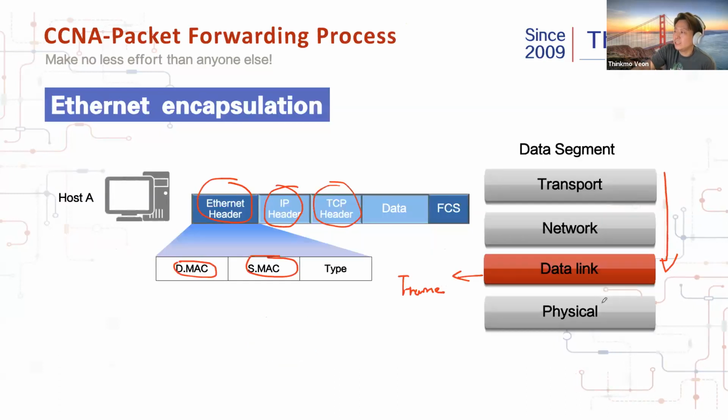Next, after this encapsulation, we reach the physical layer. As I mentioned, when the packet reaches the physical layer, it becomes bits, which is 010101. It will be sent over the physical cable.